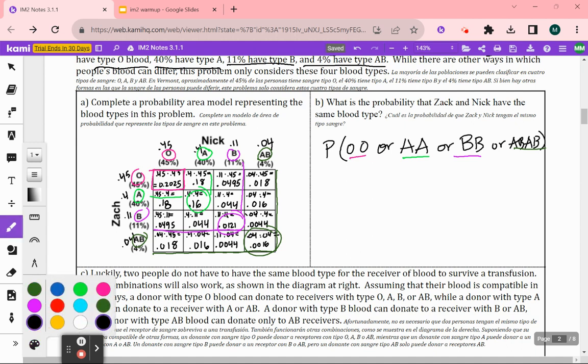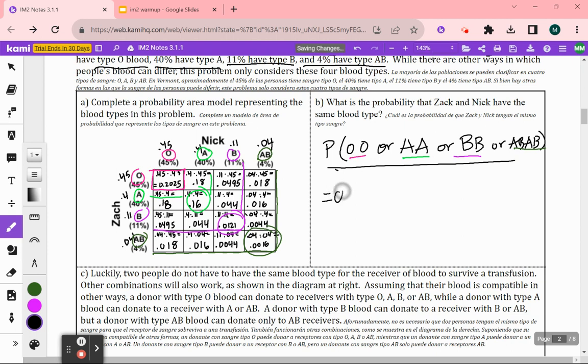And that total probability is all of those little probabilities put together with addition. 0.2025 plus 0.16 plus 0.0121 plus 0.0016. And if you add all that up, you get 0.3762.